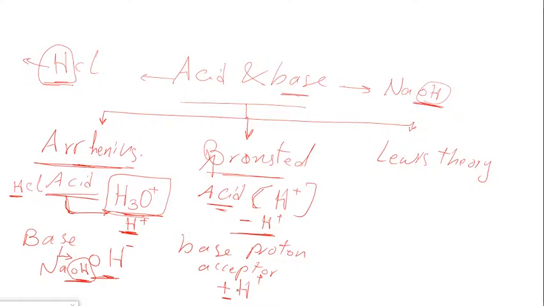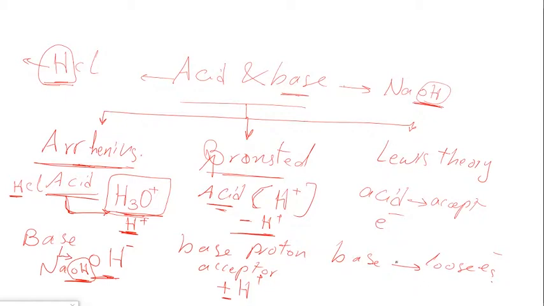The third way of looking at acid and base is according to Lewis theory. In that case, we look at the acid as the substance that has the ability to accept electrons in general, and the base has the ability to lose electrons.